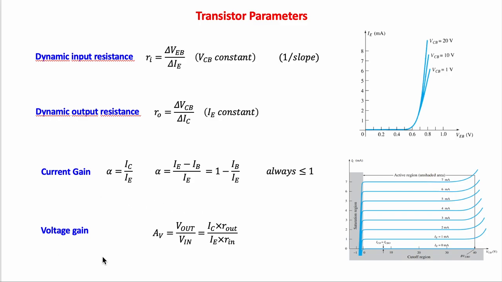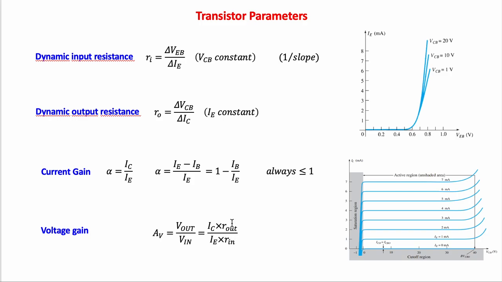The voltage gain, however, is the voltage out over voltage in. The voltage out can also be expressed as IC times R out, over input current times input resistance, IE times R in.